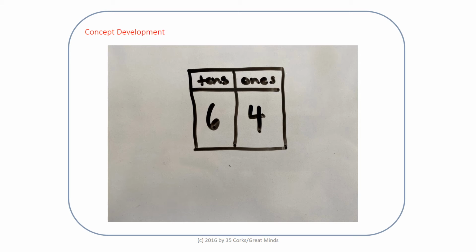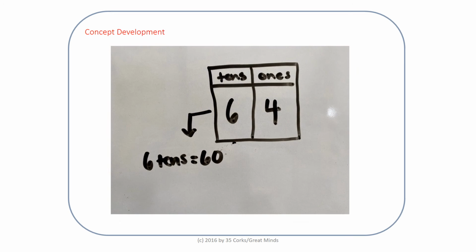What does the digit 6 stand for? Good, it stands for 6 tens, and 6 tens is the same as 60.